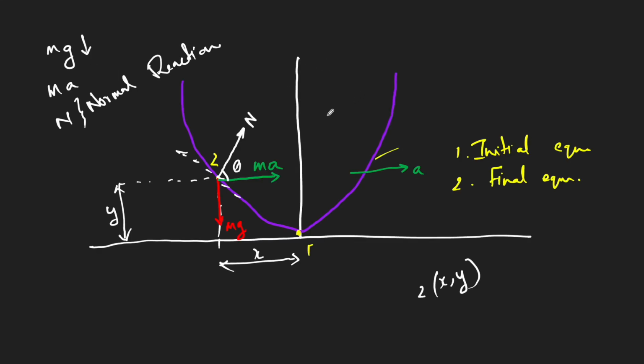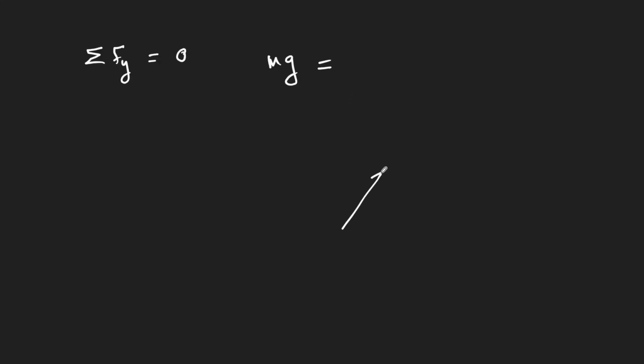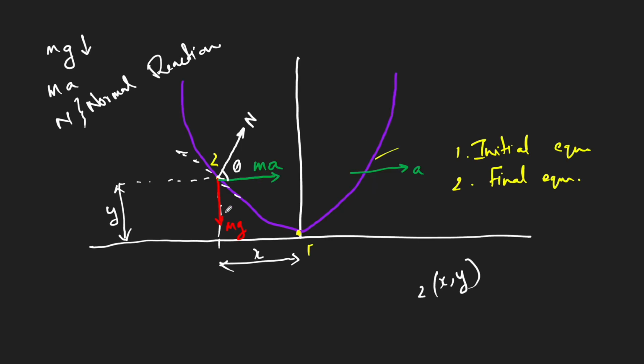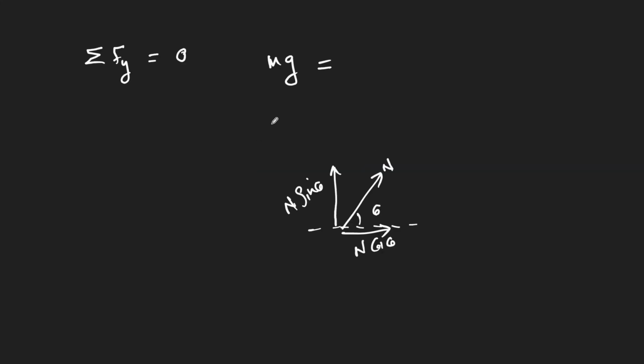So this mg must be equal to N sin theta, because we have N here. This is N, acting at an angle of theta. Then it could have two components, N cos theta and N sin theta, right? So here mg is being balanced by the vertical component of N, that is nothing but N sin theta. This is one equation, obtained from balancing the vertical forces.